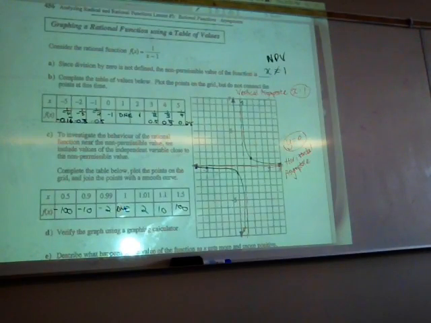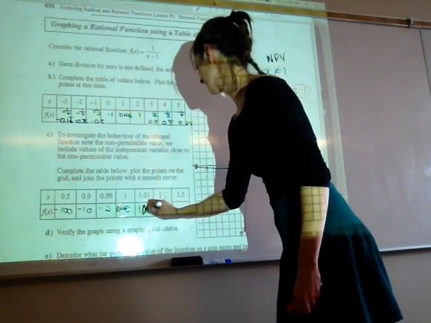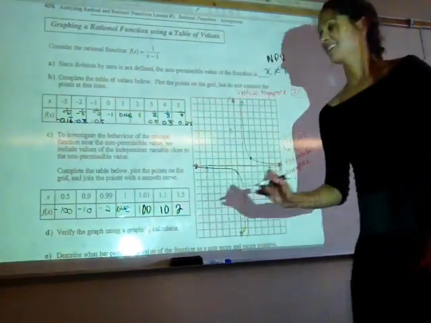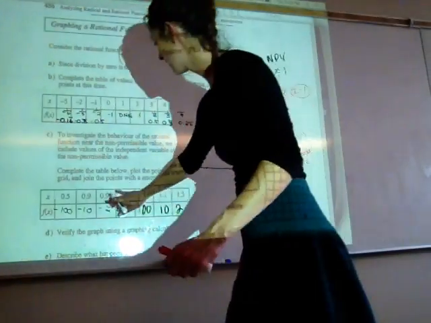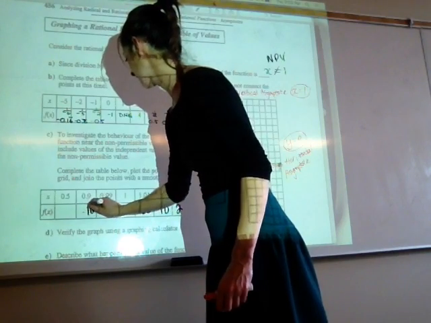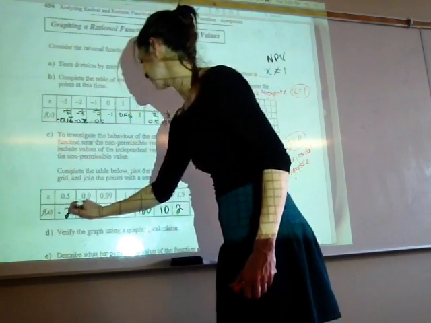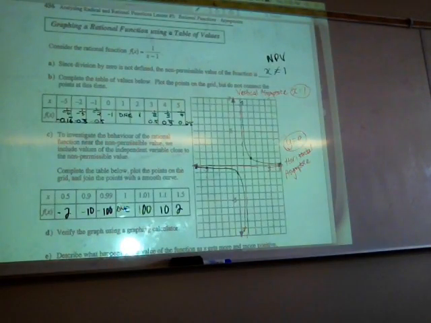I think I wrote it wrong. I was going off of memory. Yeah, it should be 110. That's why it's not making sense. Let's just make sure here. I apologize. Yep, and negative 10, negative 100, negative 10. See, that's why you don't go off memory. You have to actually plug them in. Thanks, Joe. Now we got it right.